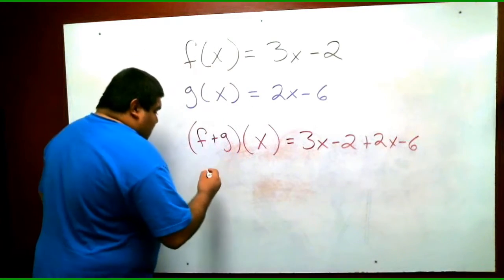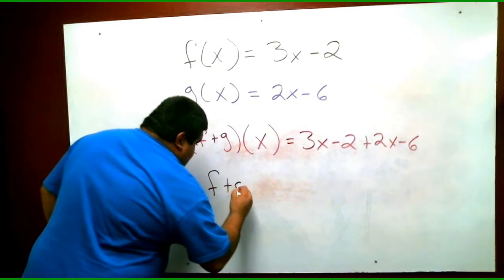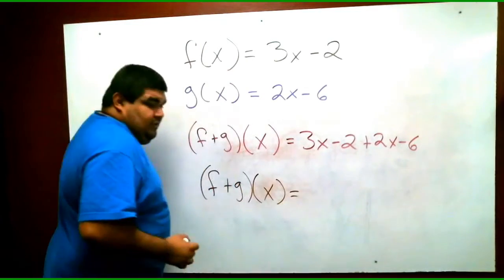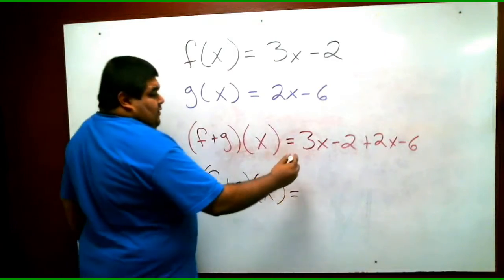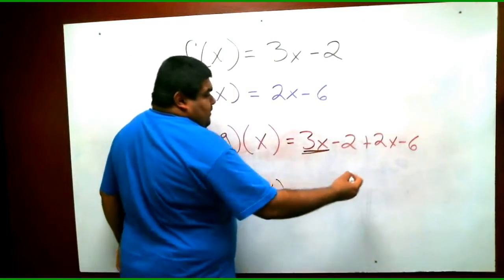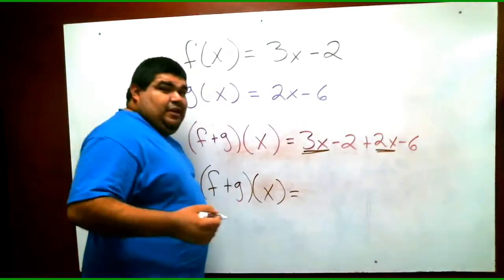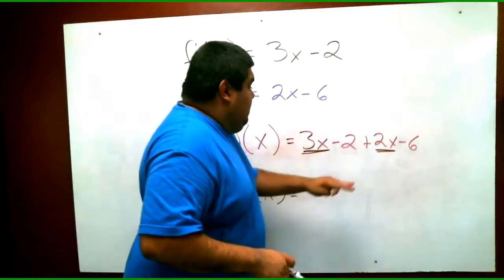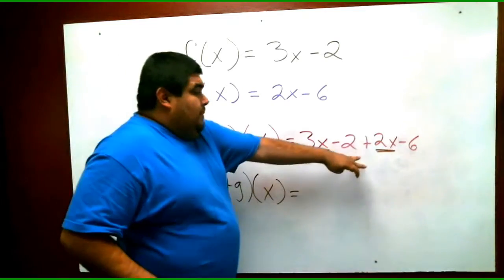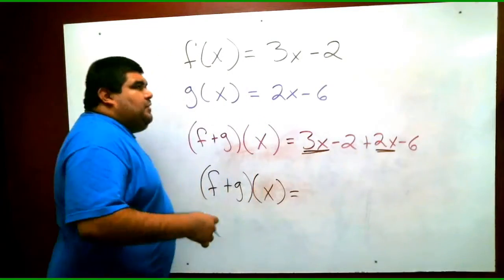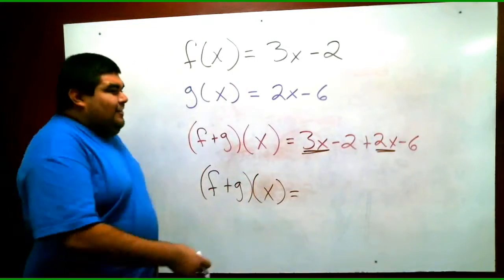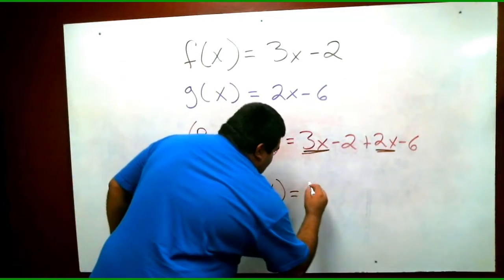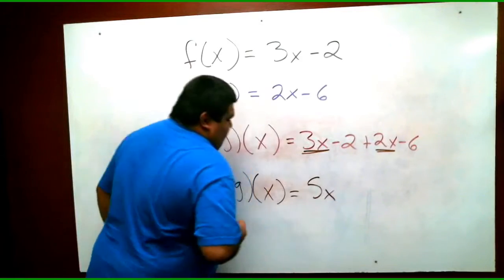So we can say f plus g of x equals, remember, we have a 3x and a 2x that are similar. They have variables that can be combined. They're both positives. So 3 plus 2 is 5x.